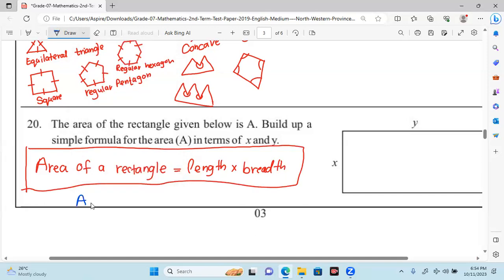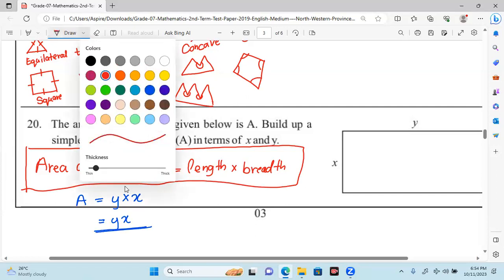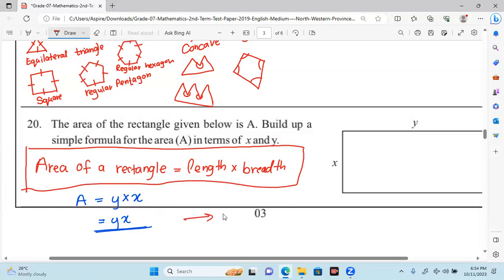Area of the rectangle equals length y times breadth x, so it is y into x, or you can write it as x into y. If you have got the answer, 2 marks are given.